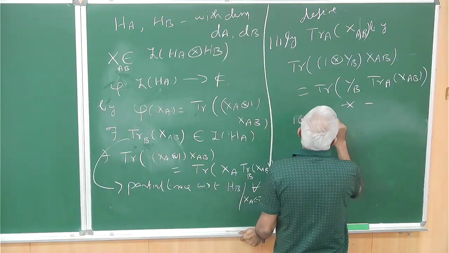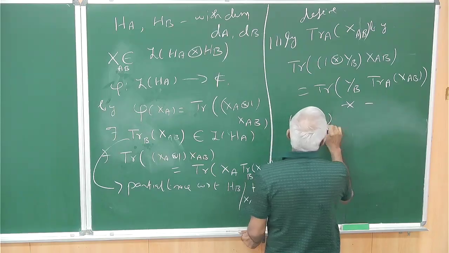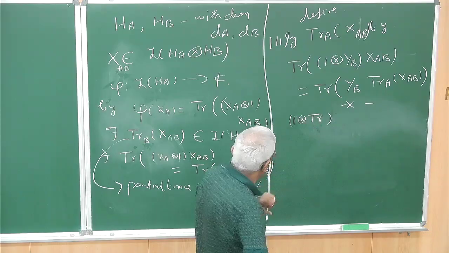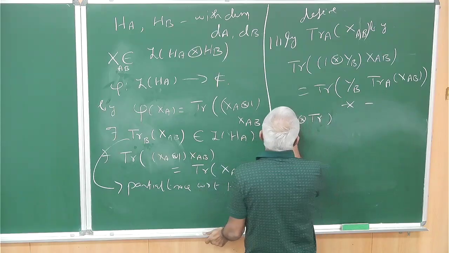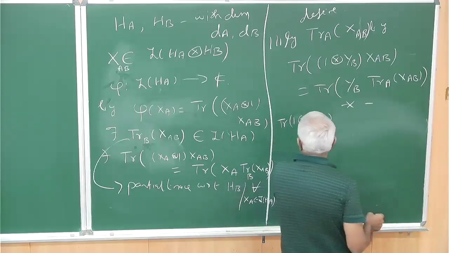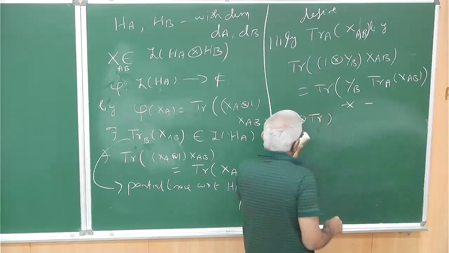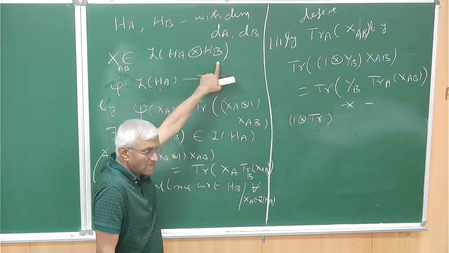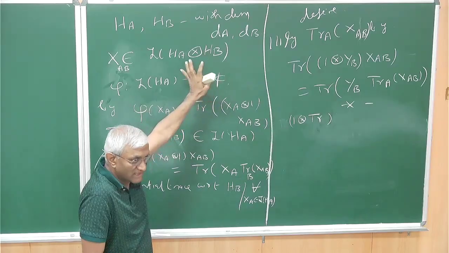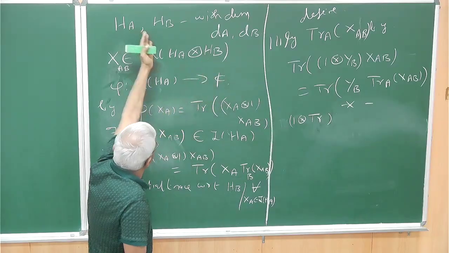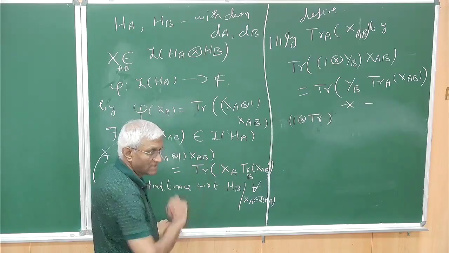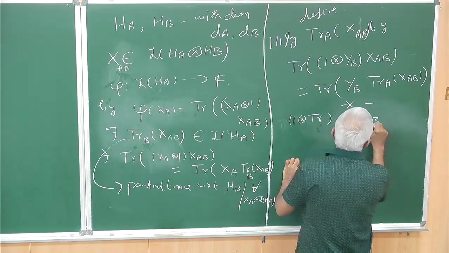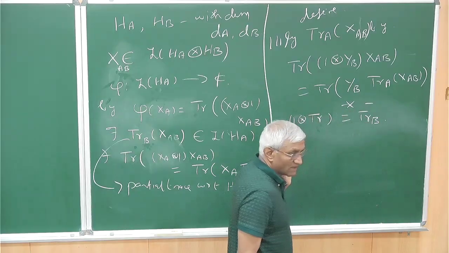That is because one tensor trace of trace is just trace tensor trace. You just take the diagonal of those things, so the partial trace is nothing but one tensor trace.